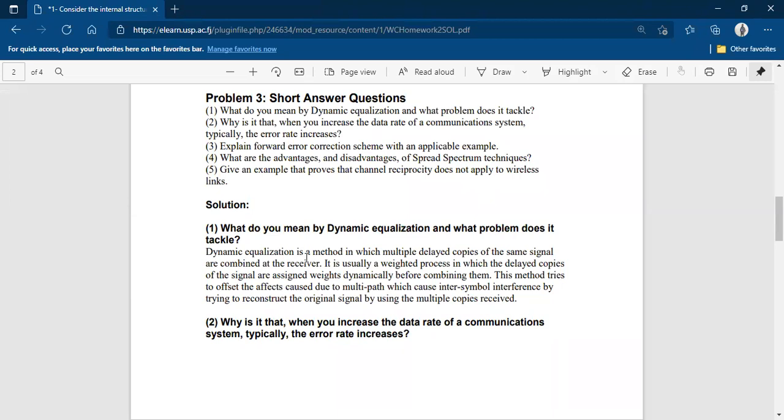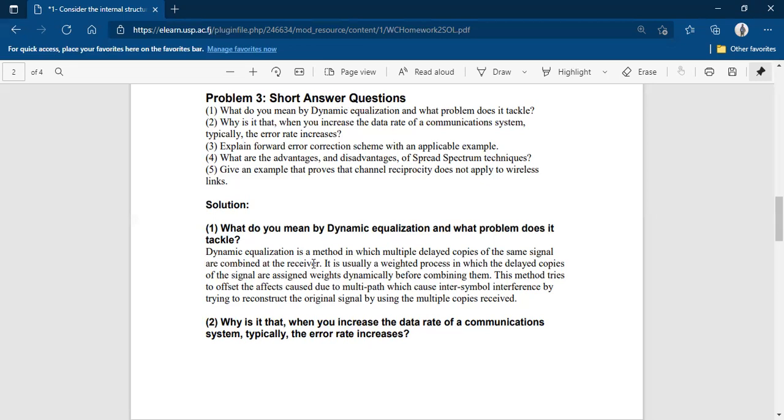So dynamic equalization is a method in which multiple delayed copies of the same signal are combined at the receiver. So you have a particular signal, and multiple copies of that signal will be transmitted at different amplitudes and different phases.